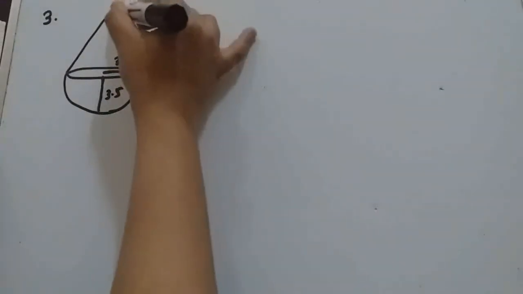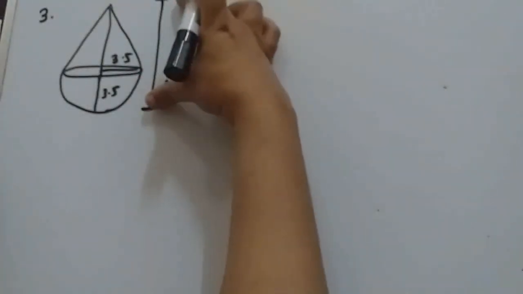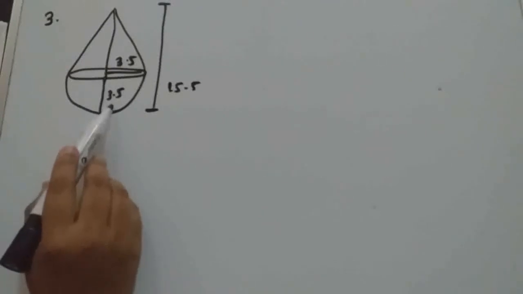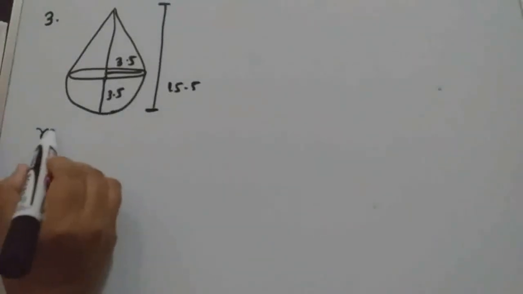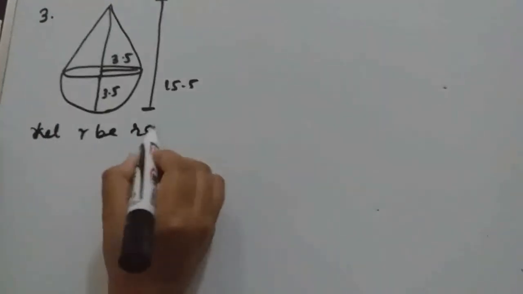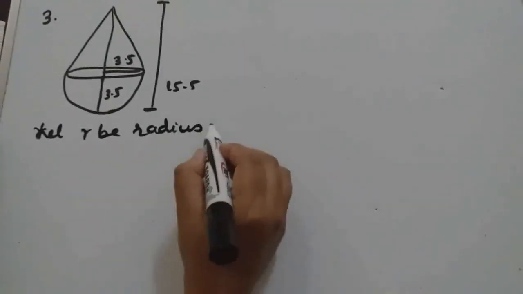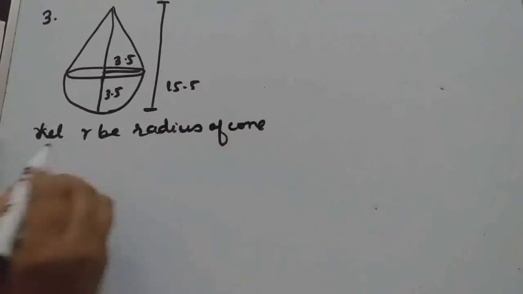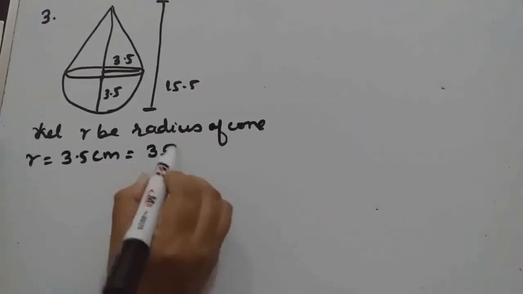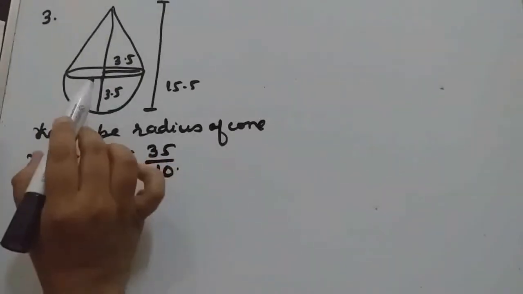So what will be the height of the cone then? From 15.5 we can subtract 3.5, isn't it? So let R be the radius of the cone and hemisphere, both the same, isn't it? So R is 3.5 centimeter. So we can write 35 by 10, isn't it?